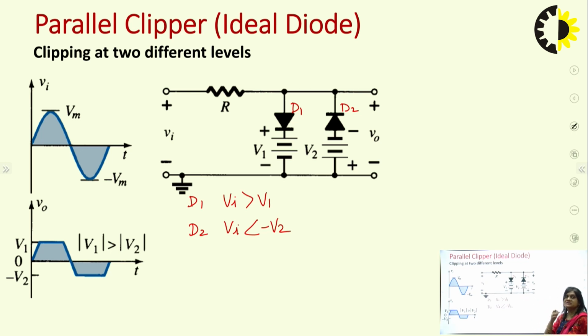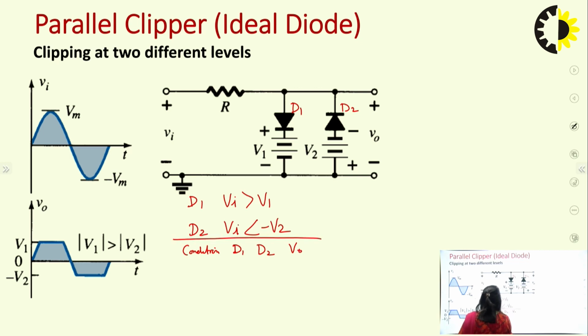So these are the conditions in which our diode will be in conducting state. We can make a table with the condition, the state of D1, the state of D2, and our output.